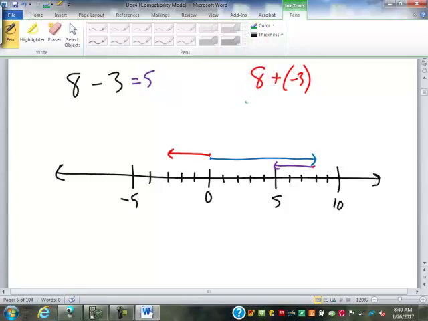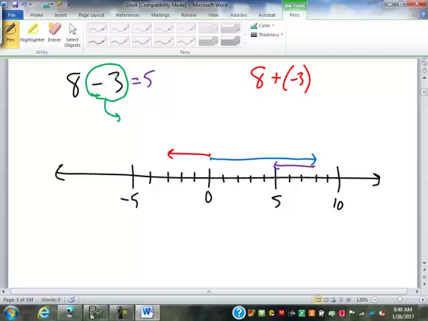Because subtraction, as we mentioned over the last couple days, is not its own operation. Subtraction is part of addition. It's a byproduct of addition. One of the definitions of subtraction is it's addition done in reverse. But the technical definition of the subtraction symbol is that it always works with the number that comes after it, just like division works with the number that comes after it.